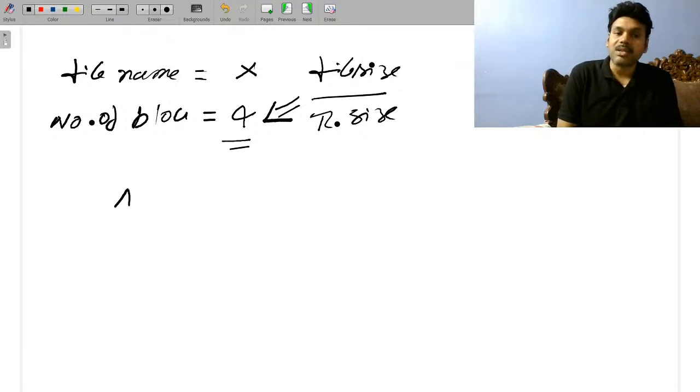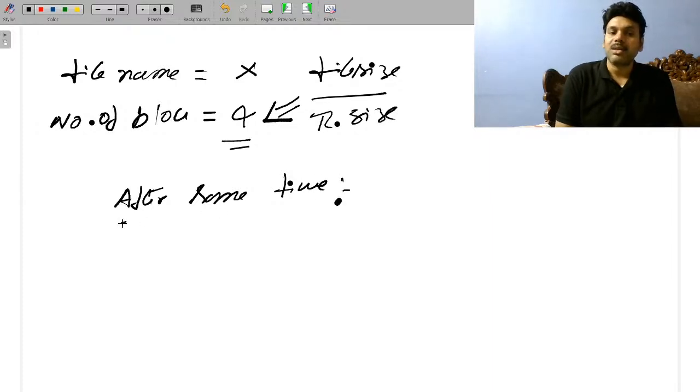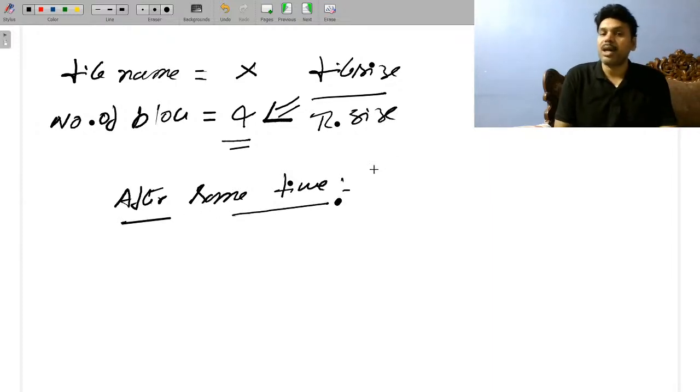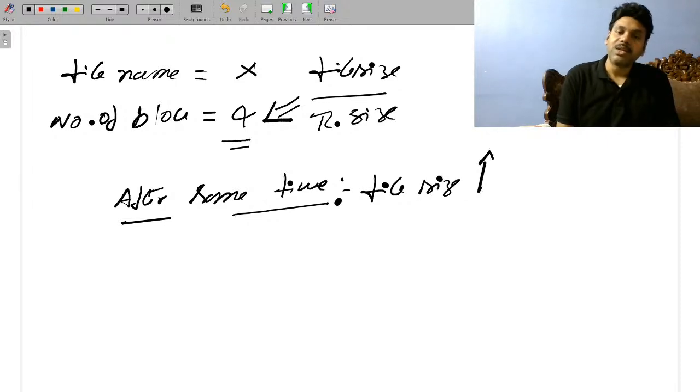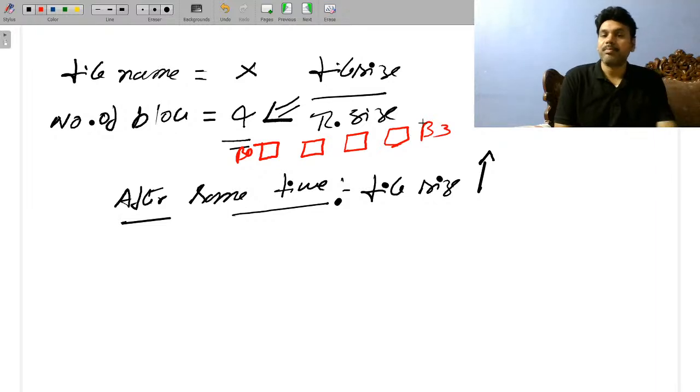And after some time, I added many more lines to my file. Therefore, your file size has increased. When your file size increases, what will happen? Let us see. It immediately allocated 4 blocks to me, starting with B0 and ending with B3.